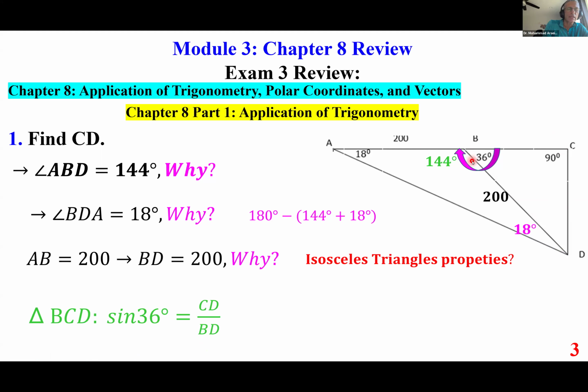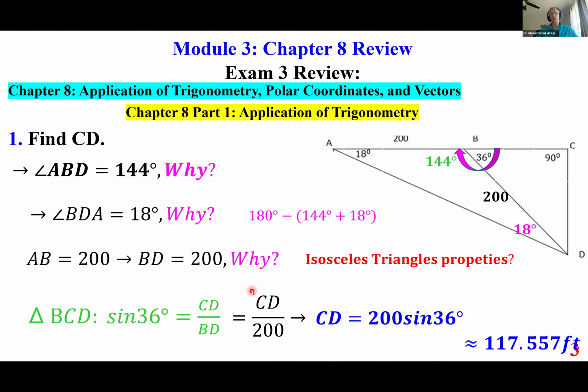And so CD is missing, BD is 200, and the product of these two will give us CD. CD is 200 sine of 36 degrees. Putting it into a calculator, roughly 117.557 feet. Now, how many decimals? It depends on how many they ask you.